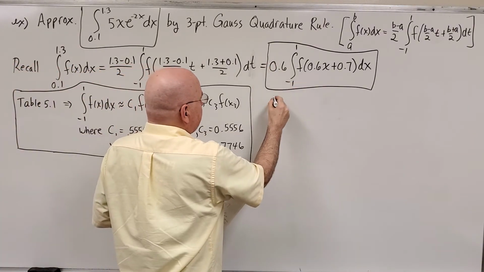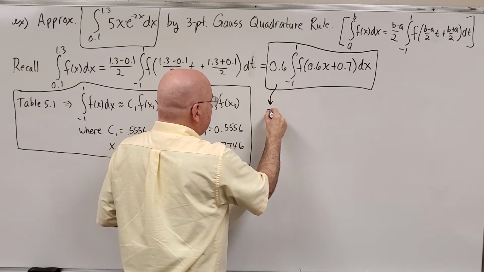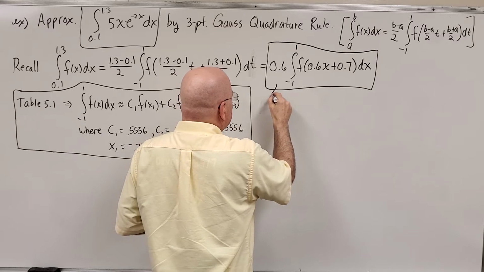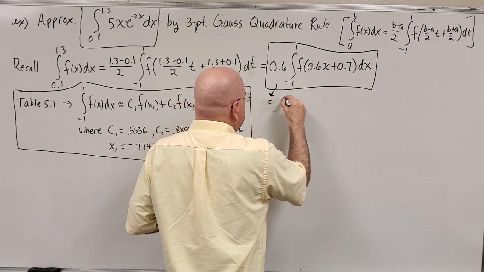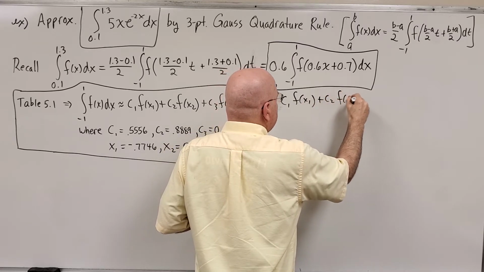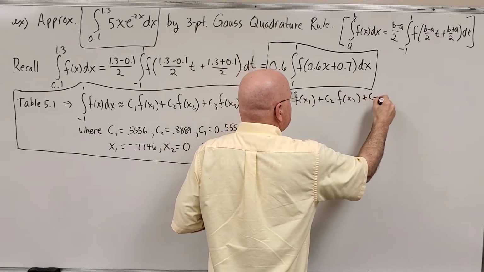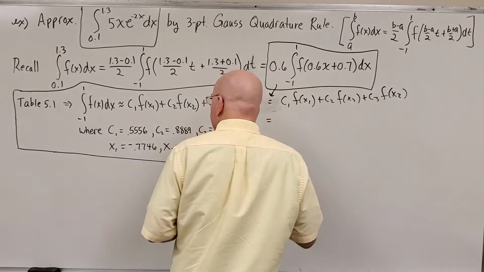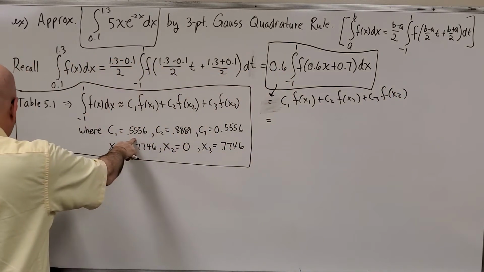This is equal to, maybe I'll start up a little bit higher and just remind us: C1 f of x1, plus C2 f of x2, plus C3 f of x3. That's all we're doing. But C1 is listed right here.